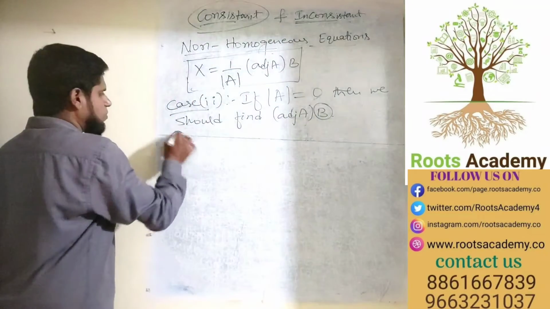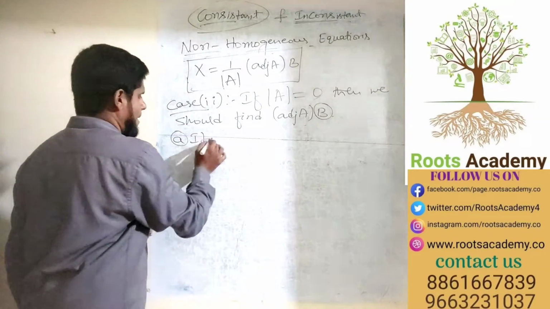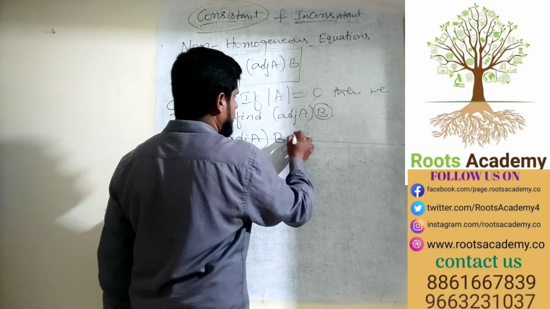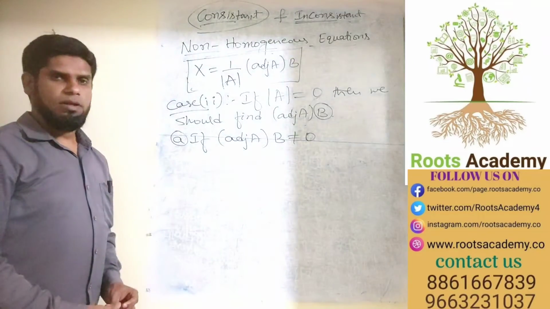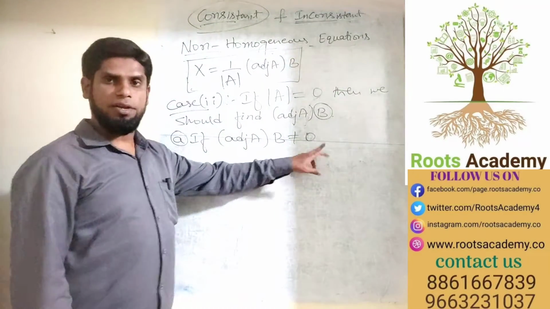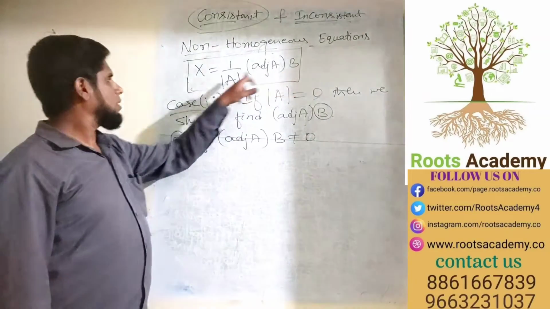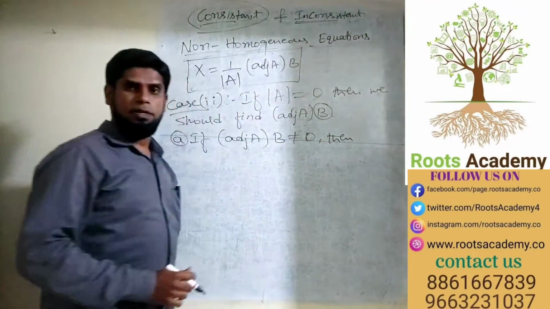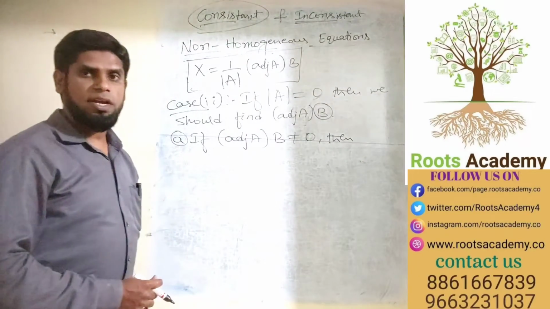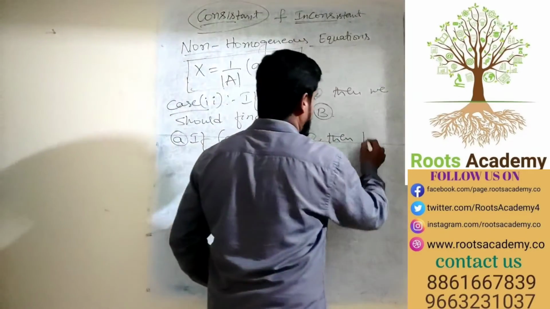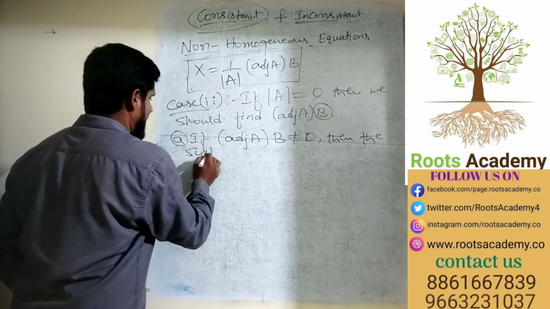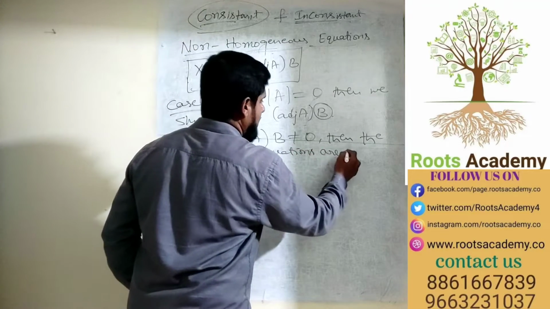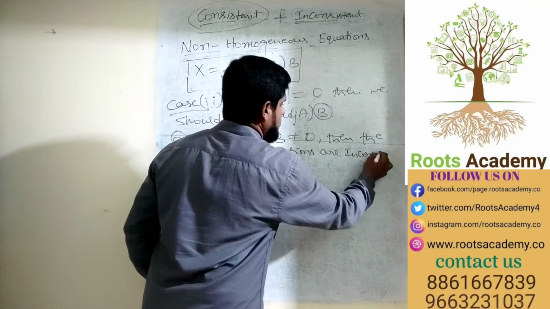Under this, the first point is: if adjoint A into B is not equal to 0, meaning the numerator is something but the denominator part is 0, then the system of equations is inconsistent.